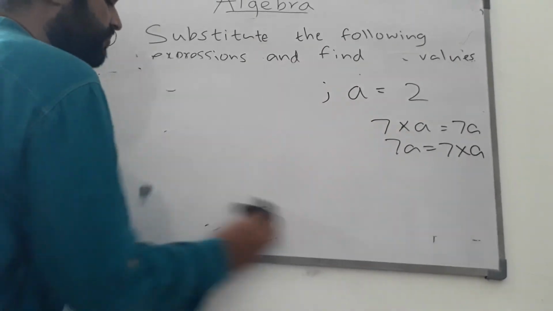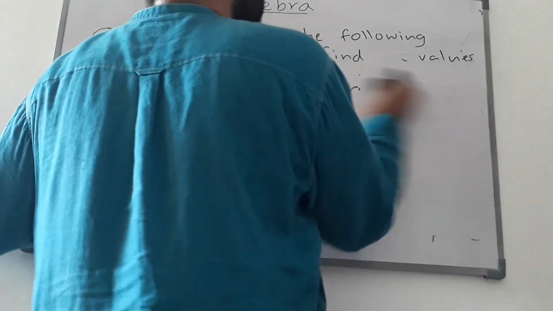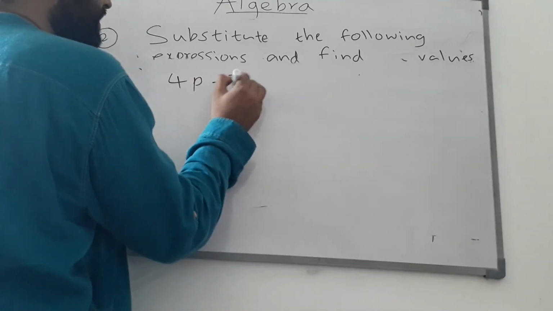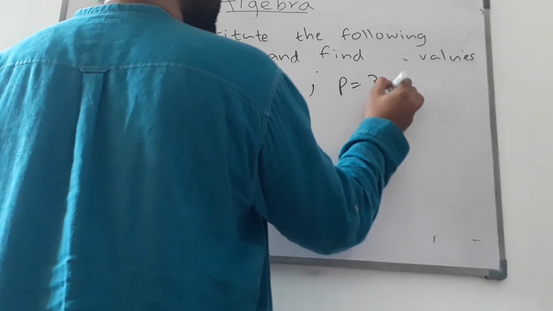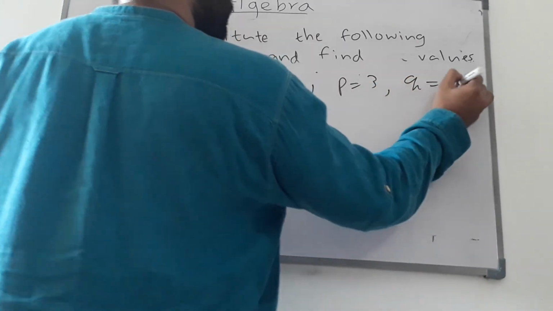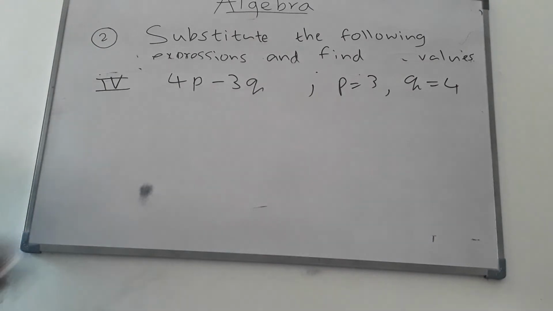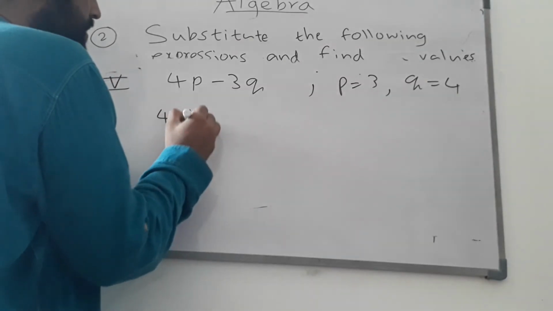Fourth question. Under substitution. 4p minus 3q, where p is 3 and q is 4. 4p, when we expand 4p, we can write this as 4 times p.